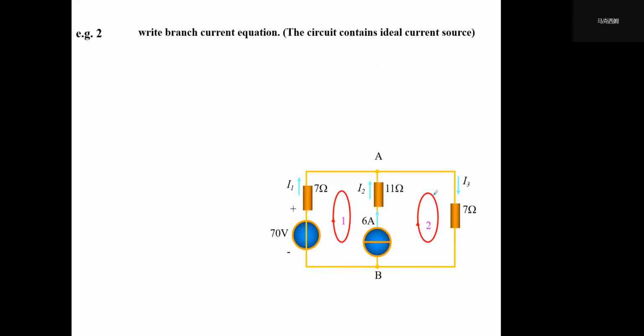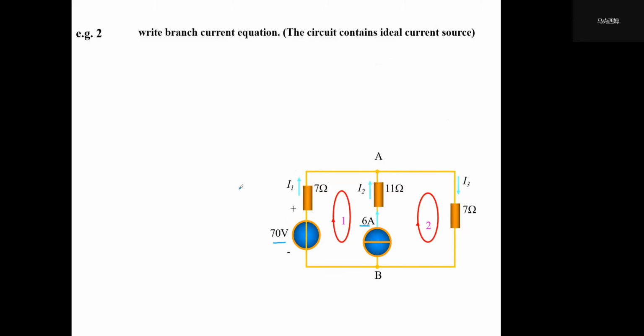Let's take another example. This one asks us to write the branch current equations. In this circuit we have an ideal current source of 6 ampere and an ideal voltage source of 70 volts.